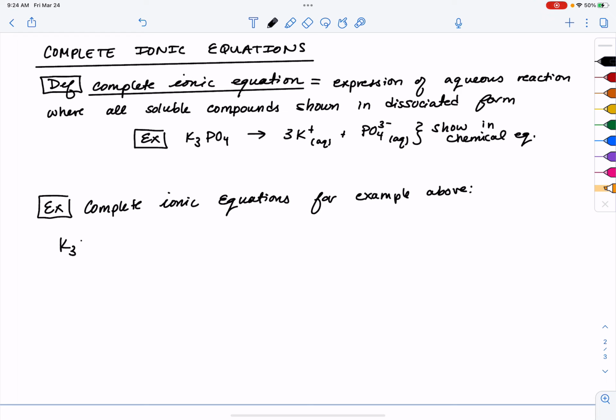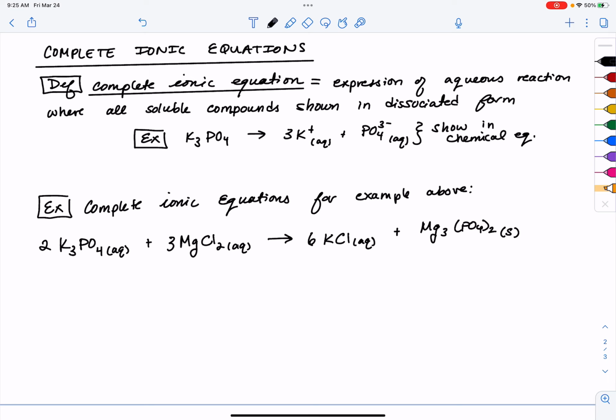So we had potassium phosphate, of which there were 2, reacting with magnesium chloride, of which there were 3, to form 6 potassium chlorides, and then we had our magnesium phosphate, Mg3(PO4)2 precipitate, which is in its solid form. It is an insoluble product, meaning it cannot be shown dissociated into its ions.